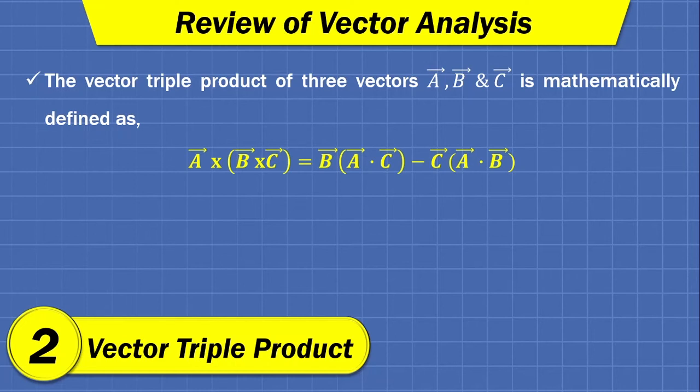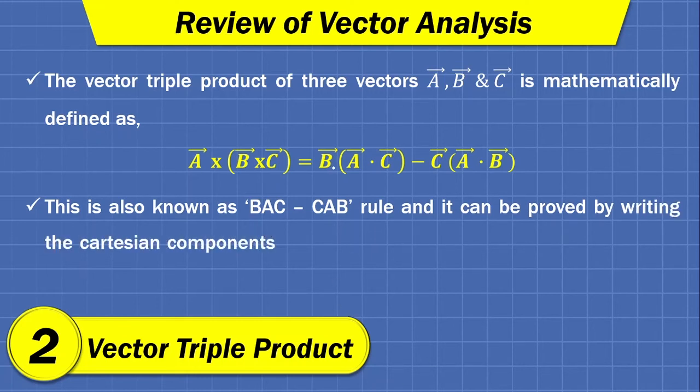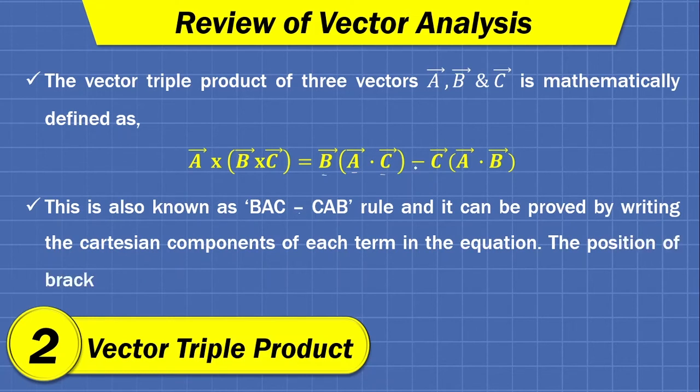Fine. Now due to the representation of this equation, this is also known as the BAC-CAB rule. So here BAC, dash stands for minus, and CAB. Due to the appearance of this formula, this triple product is also known as the BAC-CAB rule.